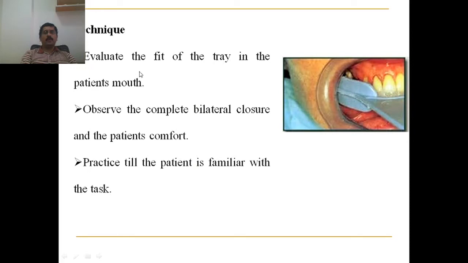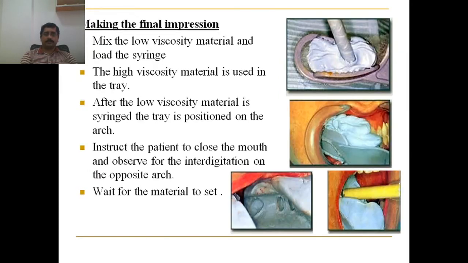Now we will evaluate the fit of the tray in the patient's mouth. Observe the complete bilateral closure and the patient's comfort. Make the patient practice till he or she is familiar with the task. Mix the low viscosity material and load the syringe, or we can use the collapsible tube. The high viscosity material is used in the tray, and after the low viscosity material is syringed, the tray is positioned onto the arch.